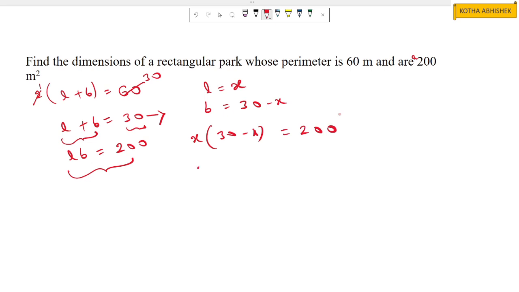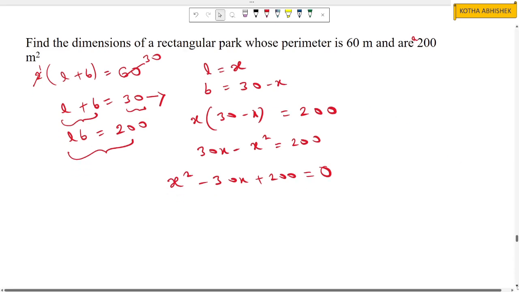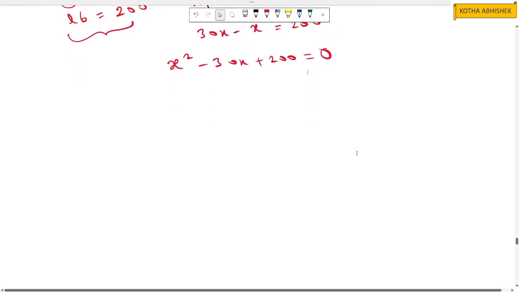Multiplying x into 30, 30x minus x into x, x square, equals 200. Taking everything to the right side, minus x square will become plus x square, plus 30x will become minus 30x, plus 200 as it is, which equals 0. Now let us try to split the middle term into two terms, or else we can go with the formula also. Anything, you can get the answer, no problem. x square minus 30x plus 200 equals 0, right?